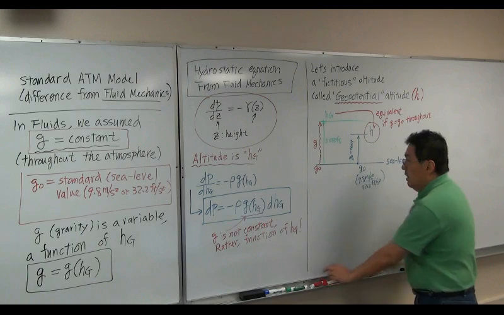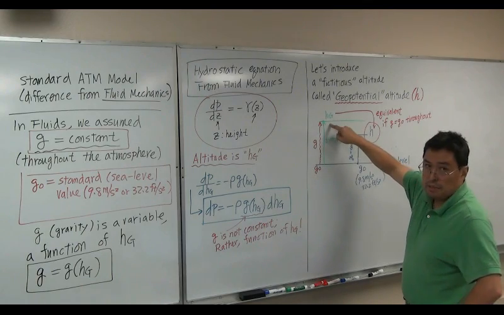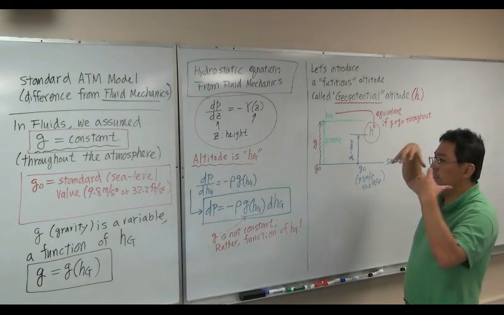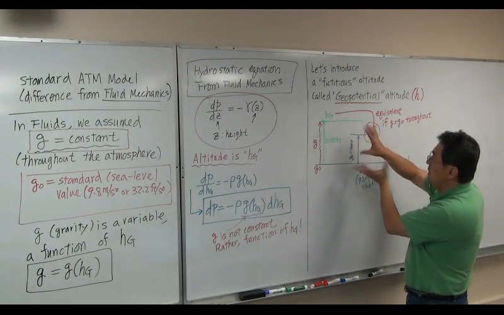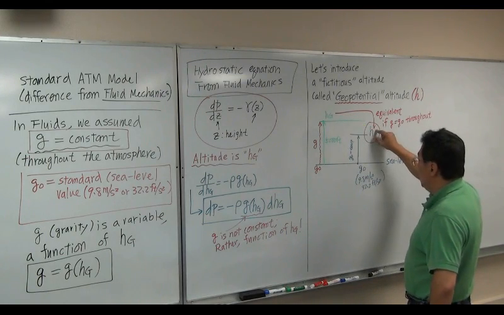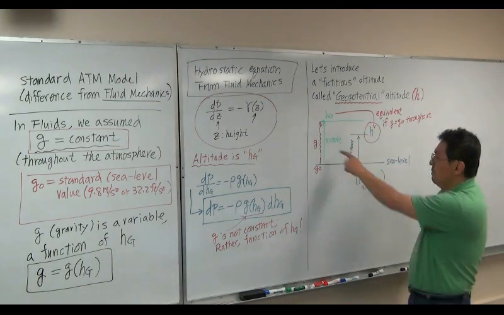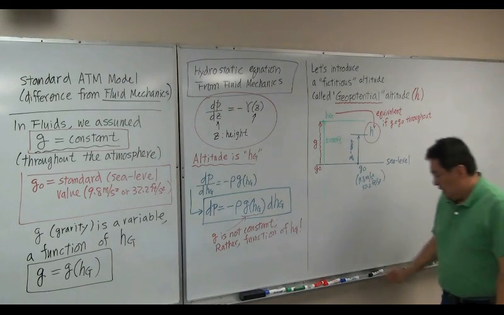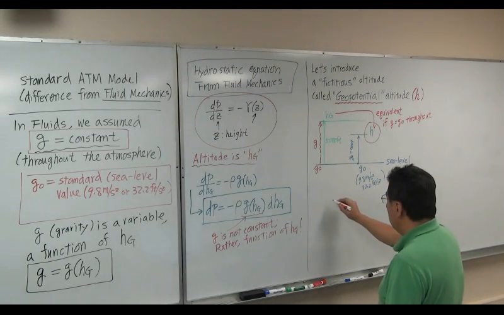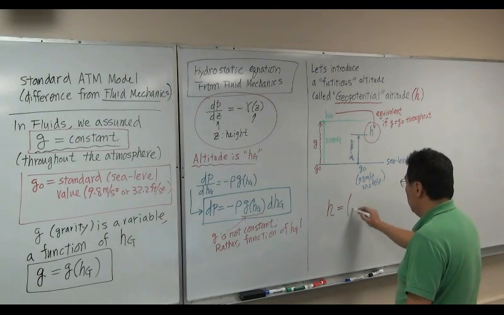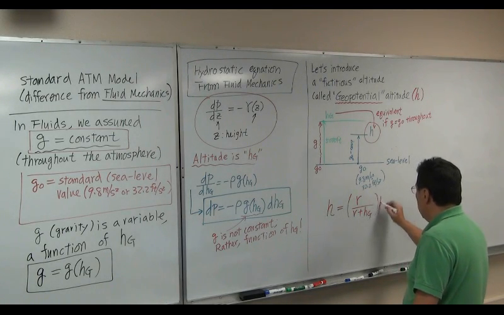If the gravity changes from g0 to a lower value g, if it's 5,000 feet based on that environment, suppose hypothetically you create the environment where gravity is constant, hg becomes h, and it's no longer 5,000 feet. Equivalently, this is going to be a little bit less than 5,000 feet. So the relationship between hg and h can be given by h equal to, it's given in your notes, R over R plus hg multiplied by hg.